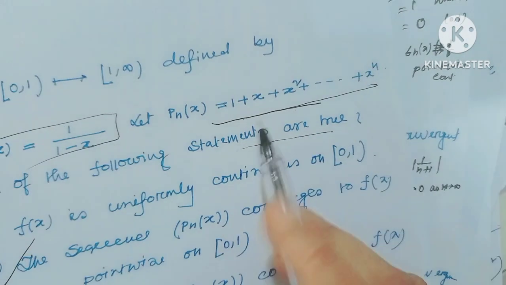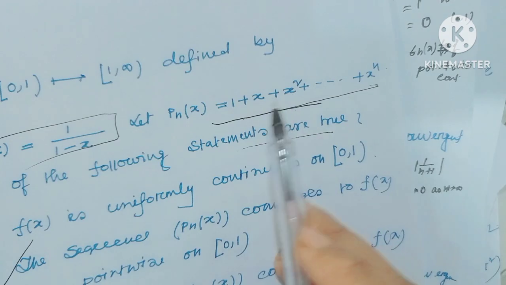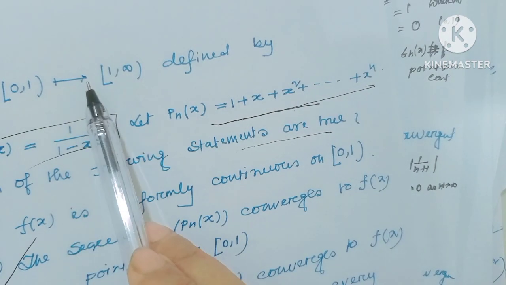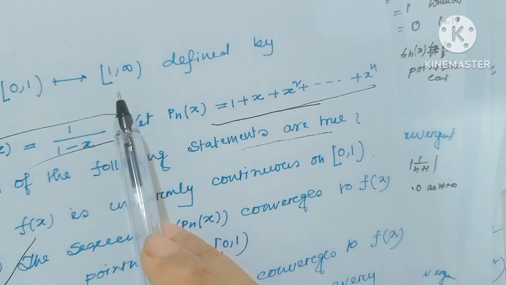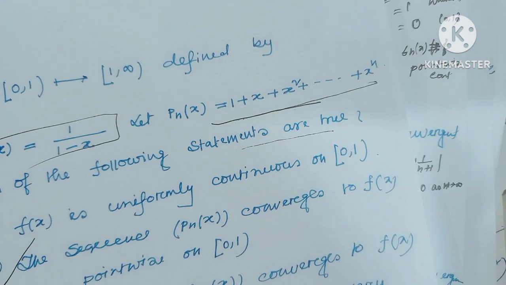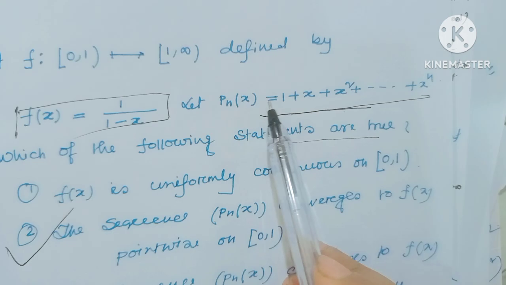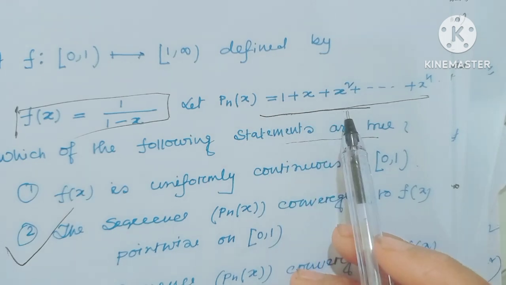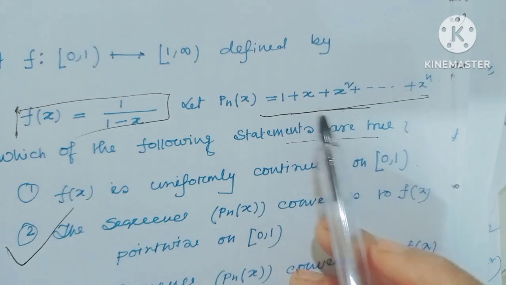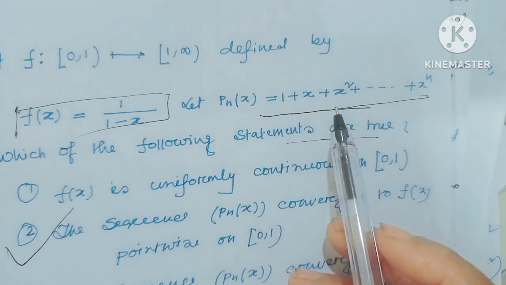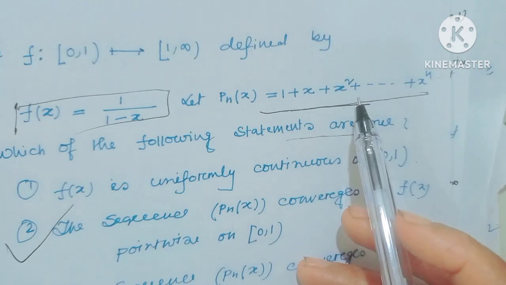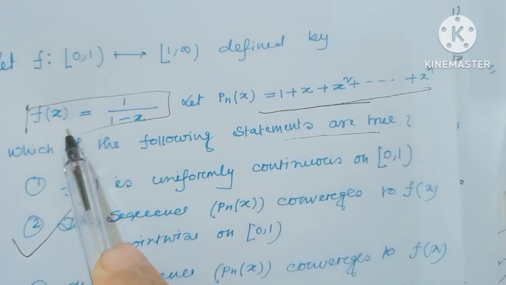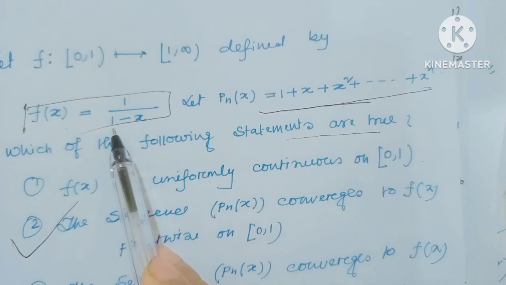Notice here each Pn, meaning P1, P2, P3, on the interval [0,1) is a bounded function. That means each Pn is bounded, and if Pn converges uniformly to f(x), that implies f is bounded.